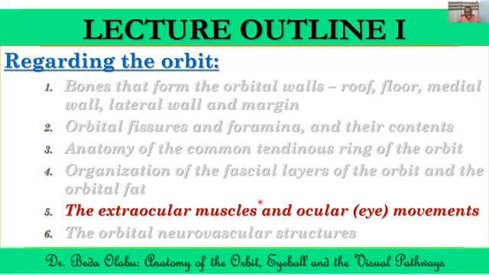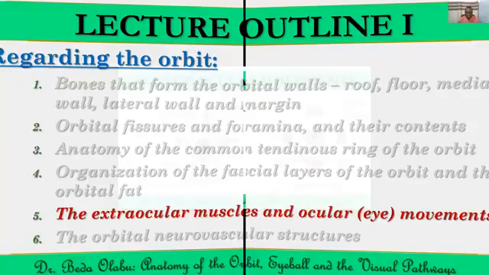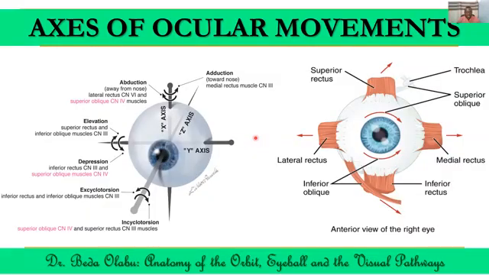Now we can talk about the extraocular muscles and eye movements. Perhaps before we talk about the extraocular muscles, it is important to understand the axes through which the eye moves. We can describe the eye as being able to move on three important axes.